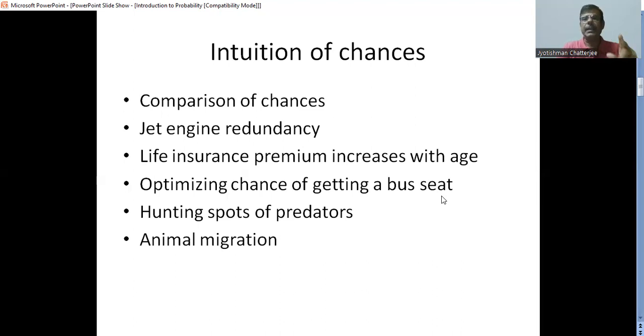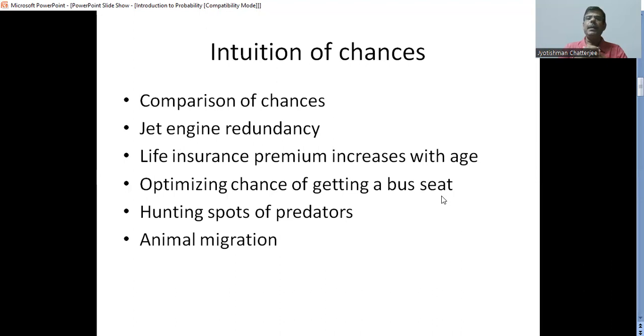Whereas if I stand in front of that seat where two persons are traveling together, if they happen to get down, then I'll be getting that seat. So I am primarily banking on only one event. So this intuition plays a role for my decision. And again, here I don't need any calculation to convince myself which one is better or which one gives me higher chance of getting a seat.